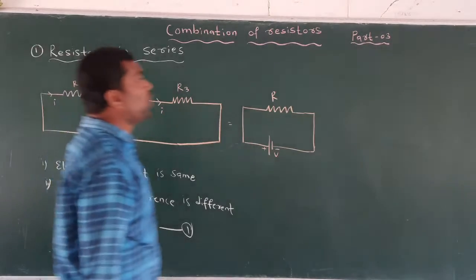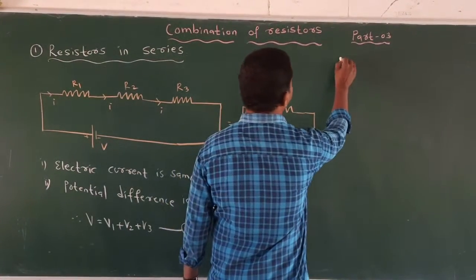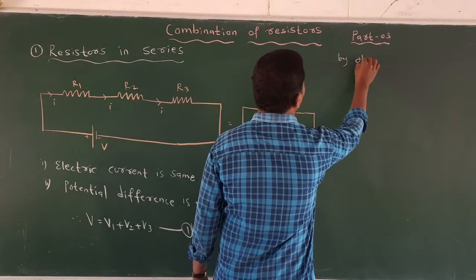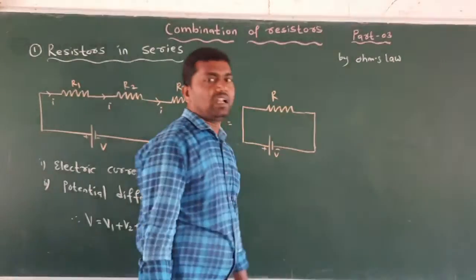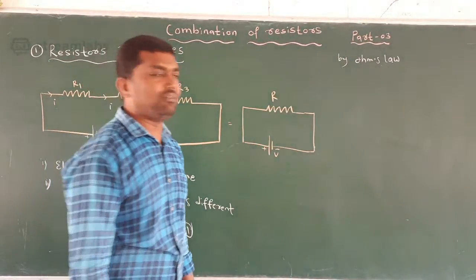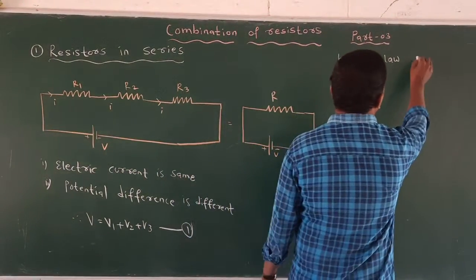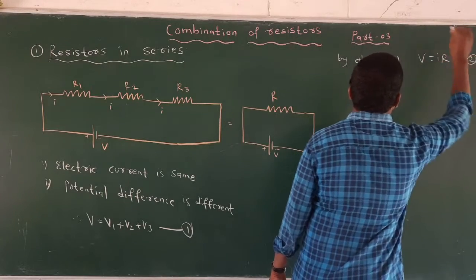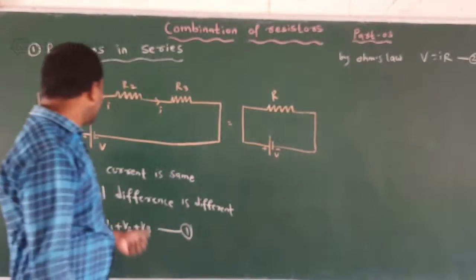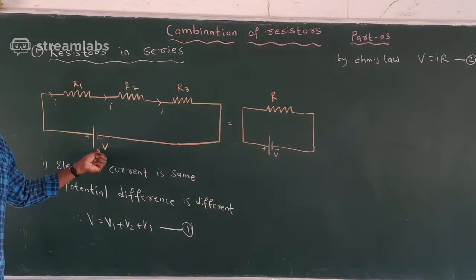By using Ohm's law. So what is Ohm's law? The mathematical form of Ohm's law is V is equal to IR. Now we can connect all the resistors across a voltage source.